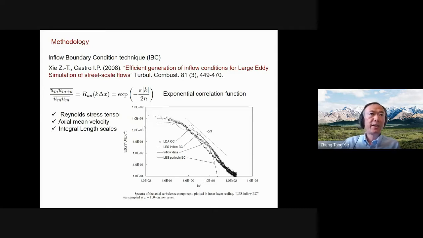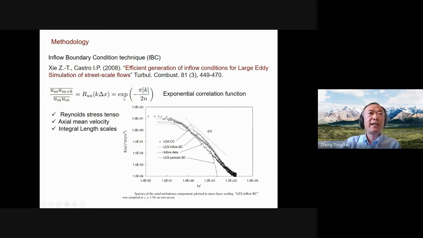For this case, we need the inflow generation code or method. This has been developed by me and my colleague, and it is currently widely used in a number of research groups in neutral situations. The beauty of this method is we assume the autocorrelation in time or in space is exponential.